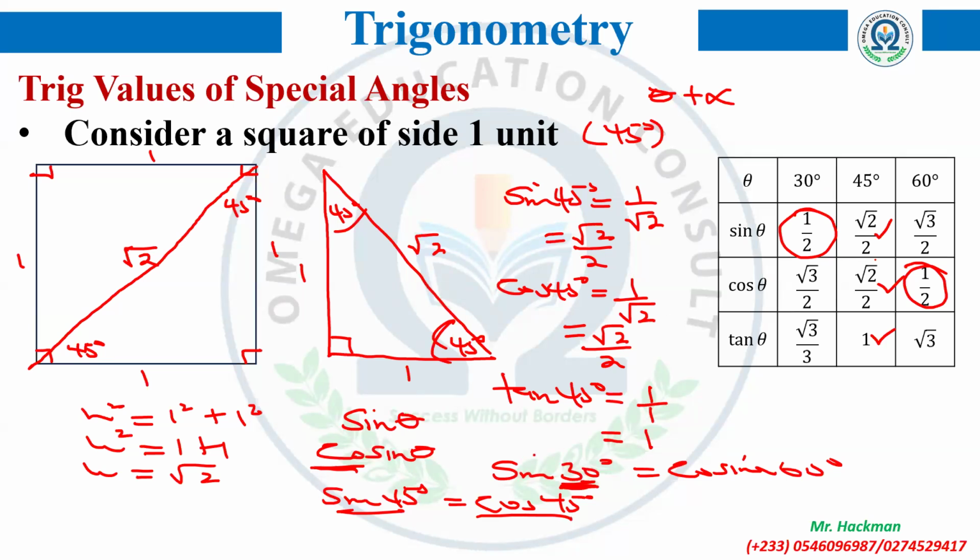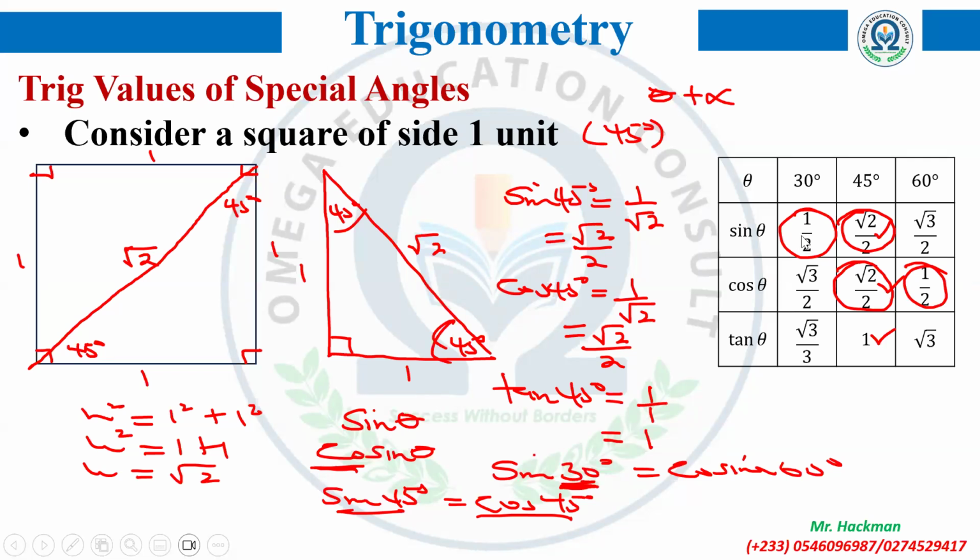So check whether sine 45 is equal to cos 45. Sine 45 is what? Root 2 over 2. Cos 45, root 2 over 2. They are the same. Usually what I tell my students to do is, if you want to memorize, just memorize the first line. If you memorize the first line, the rest you are okay. Because if I know sine 30, I know cos 60.